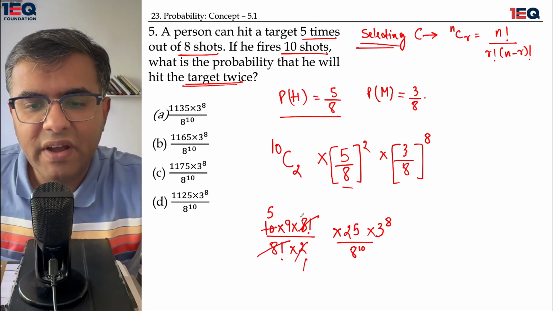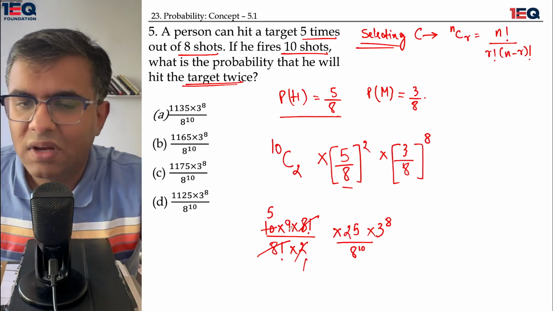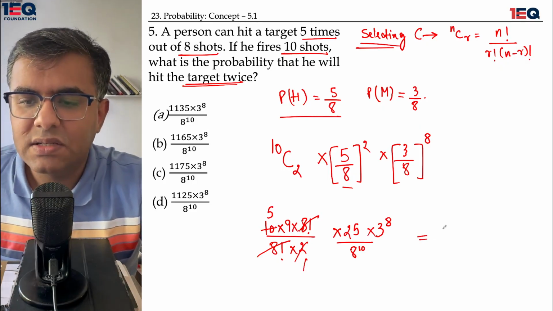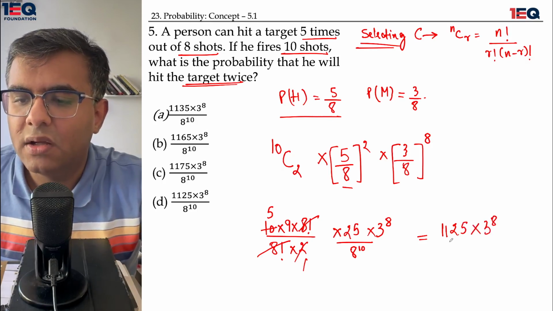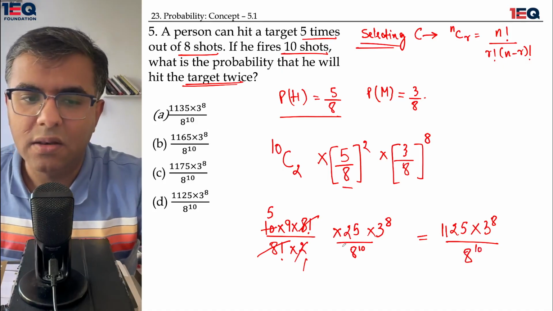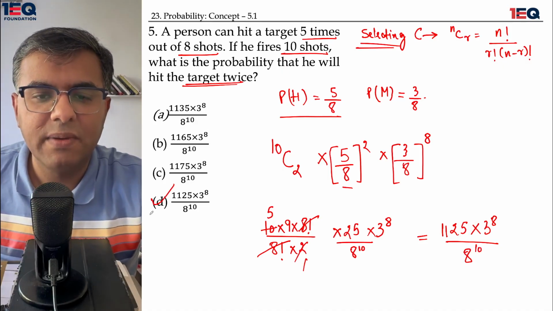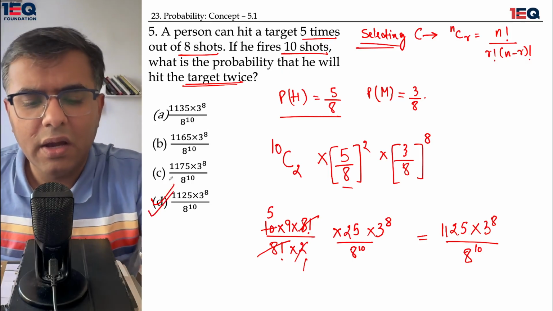So I have 5 into 25 into 9, which comes out as 1125 multiplied by 3 raised to the power 8 whole upon 8 raised to the power 10. So D option is my correct option.